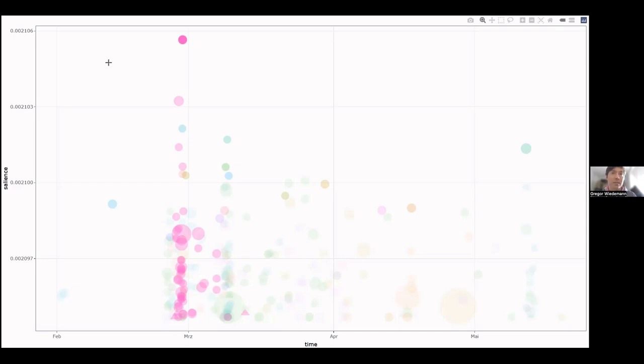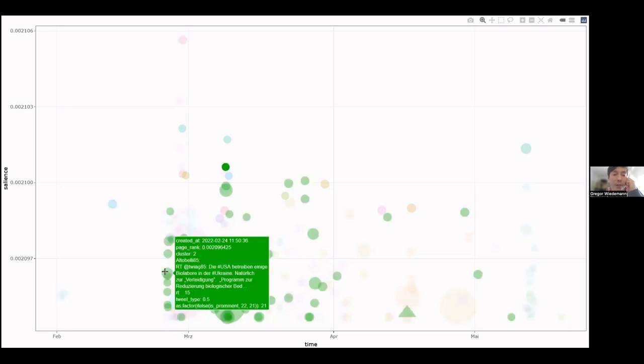And the y-axis indicates the measured salience by page rank. So for each cluster, for instance, we can see which is the most important tweet, which can be seen as a kind of representative tweet that describes this cluster. So let me start, for instance, with this very first cluster here.